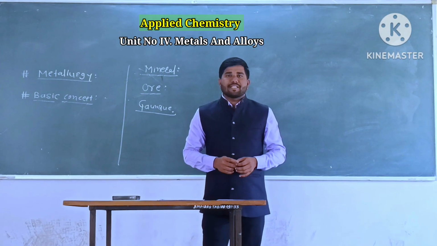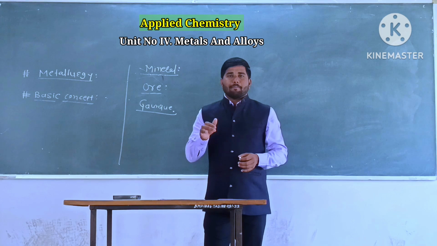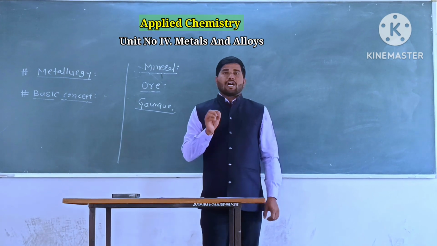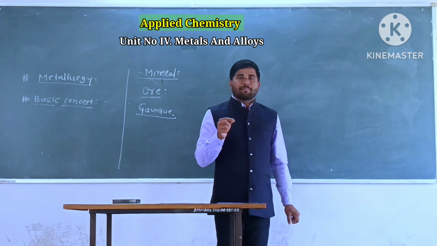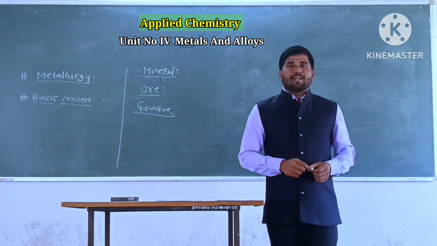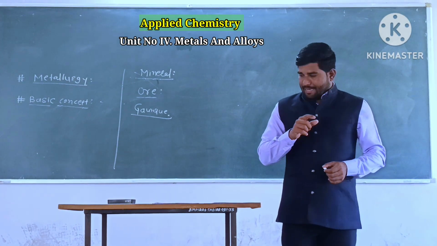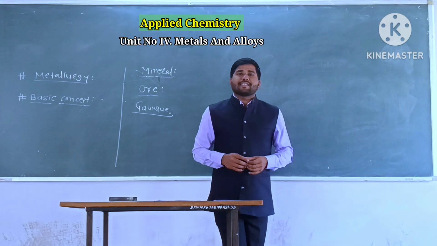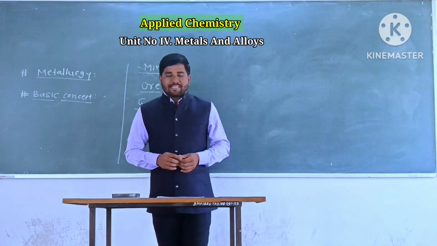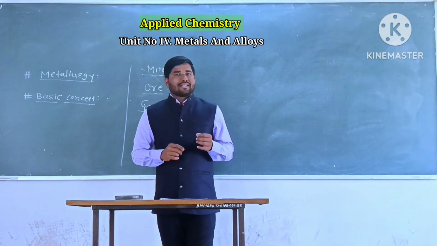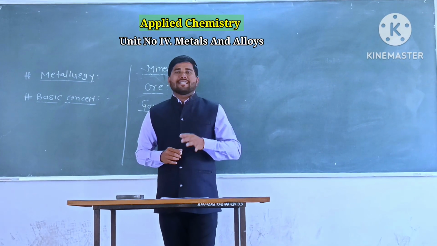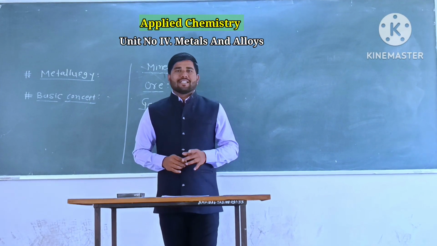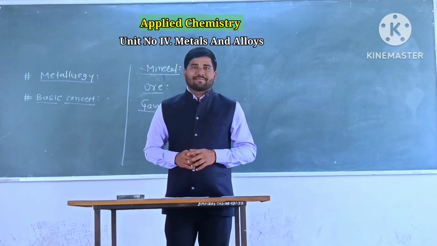It means that along with the mineral, if some unwanted impurity is present, then we call it gangue. And what are the different examples of gangue? Examples are sand, clay particles, and rock particles. So this is the third concept, gangue.